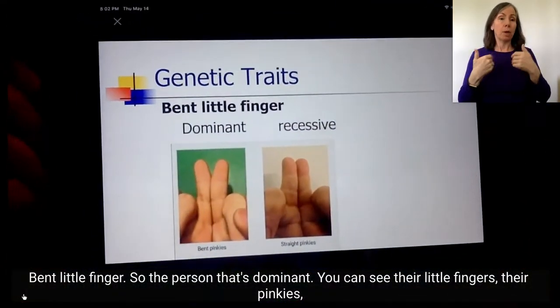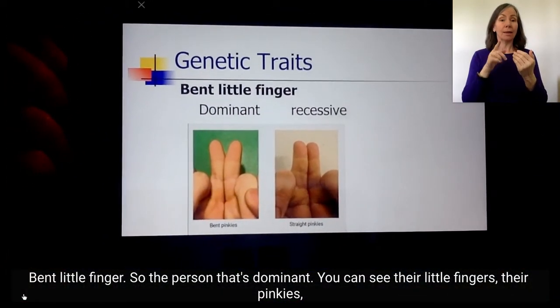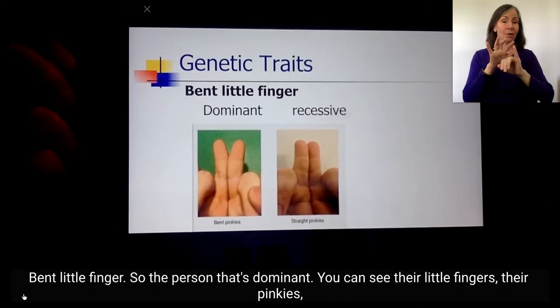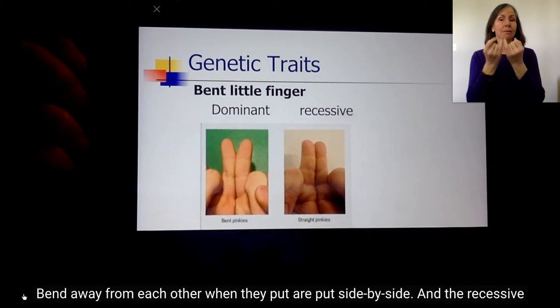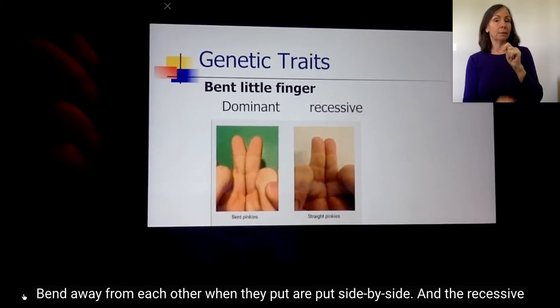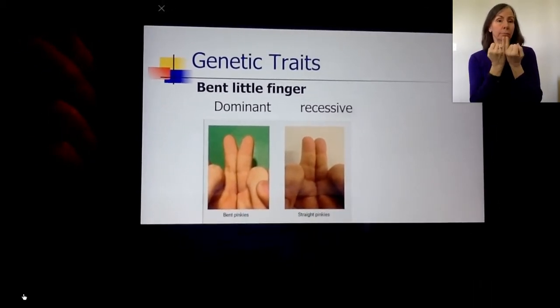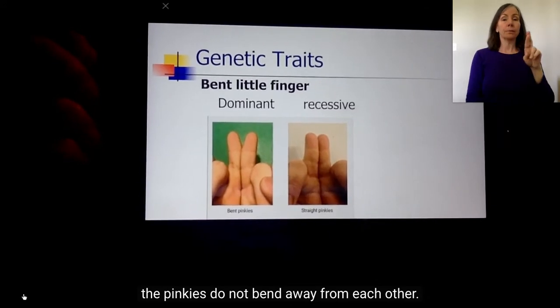Bent little finger. So the person that's dominant, you can see their little fingers, their pinkies, bend away from each other when they are put side by side, and the recessive, the pinkies do not bend away from each other.